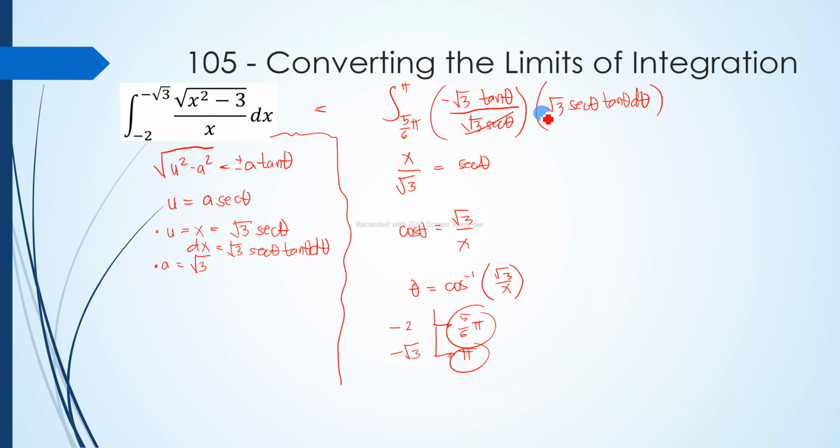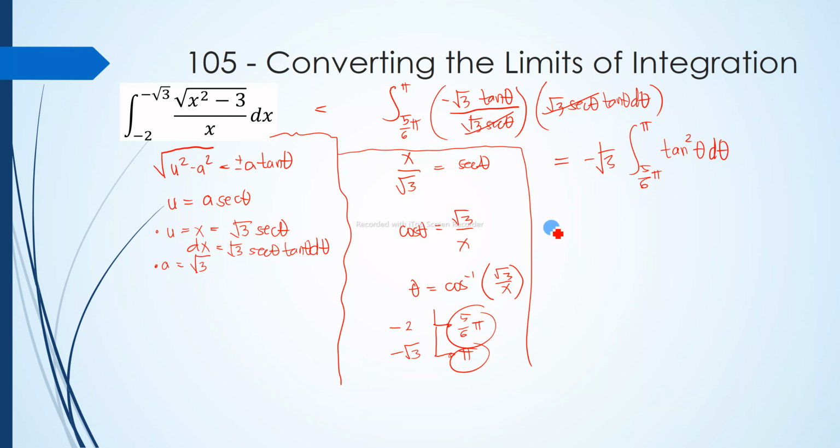So in the numerator and denominator, the square root of 3 secant theta cancels out. Then we will have negative square root of 3 times the integral of tangent squared theta d theta from 5 over 6 pi to pi.